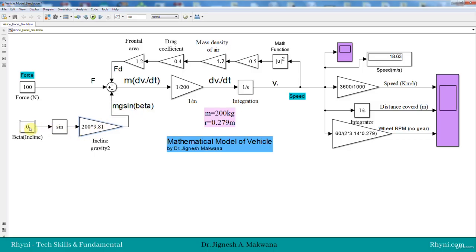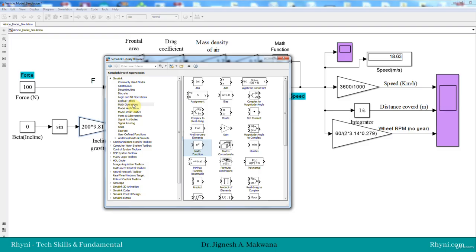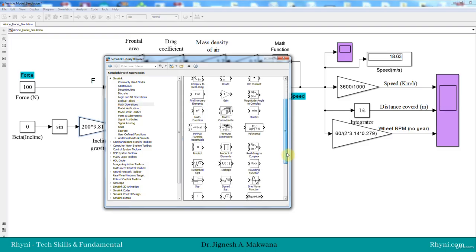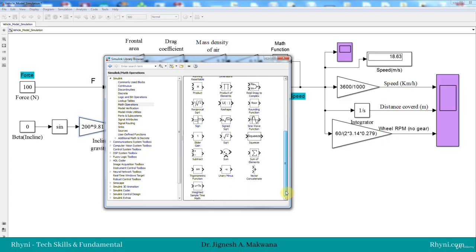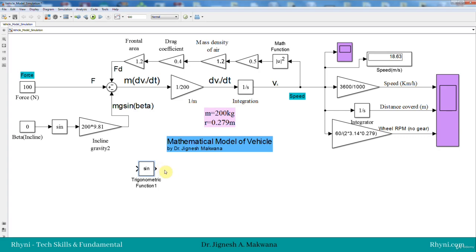Beta is currently set to 0, and the sine function we can use from the math operator. So this will become beta into sine, so sine beta, and sine beta multiplied by mg. So this input becomes mg sine beta.